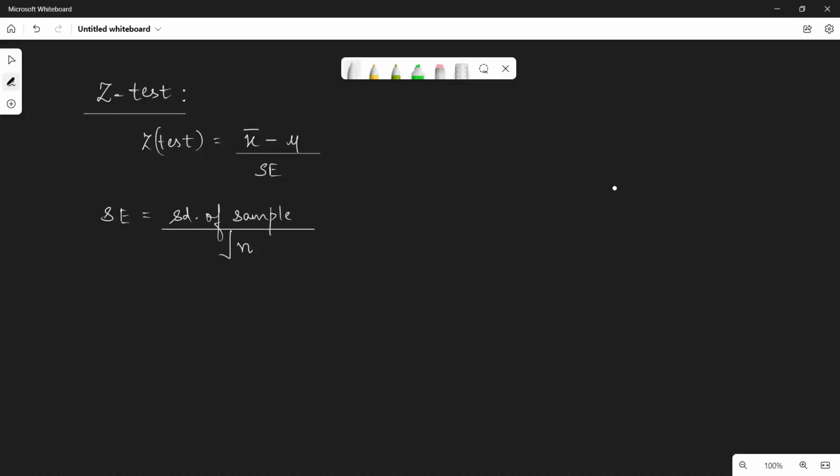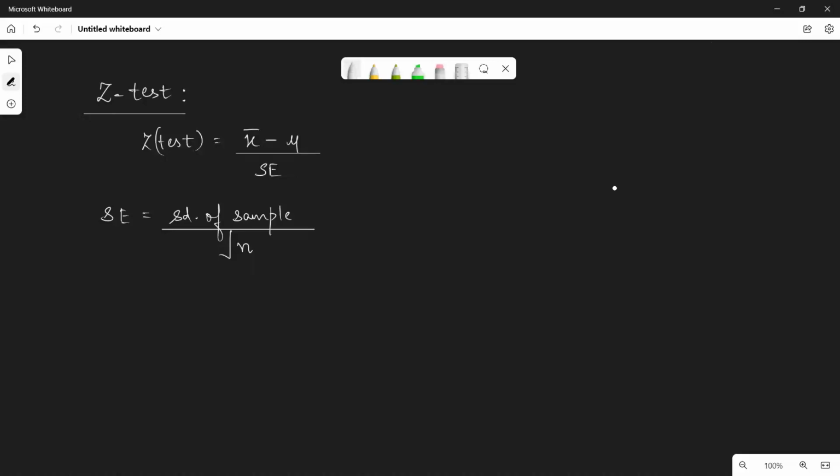So standard deviation divided by under root of sample size is what we calculate as standard error. Once we have the standard error, we can replace it here in the denominator and we will be able to calculate the value of Z-test. Okay.